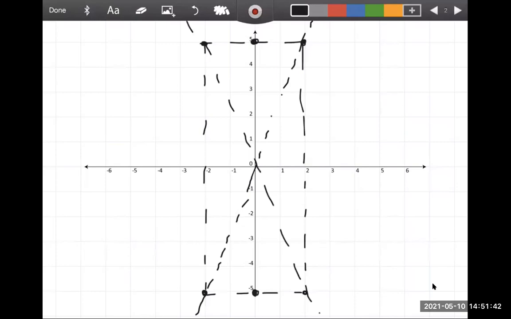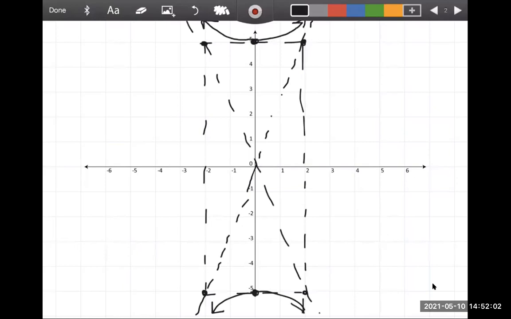Okay. This hyperbola is going to look something like this. We want to make sure it goes through the y-intercept and gets very close to the asymptotes without actually crossing over them.